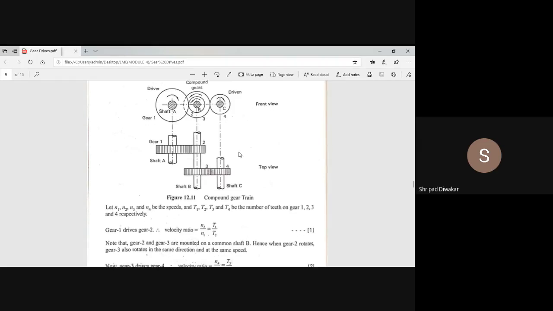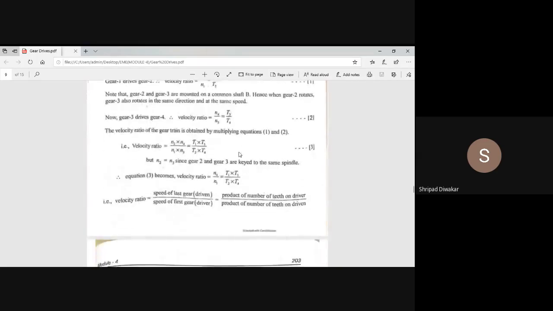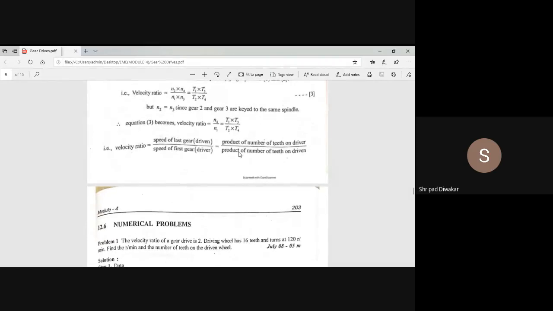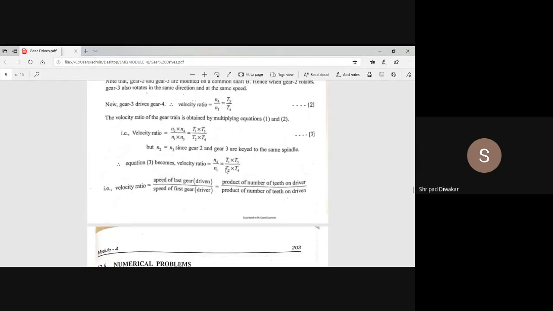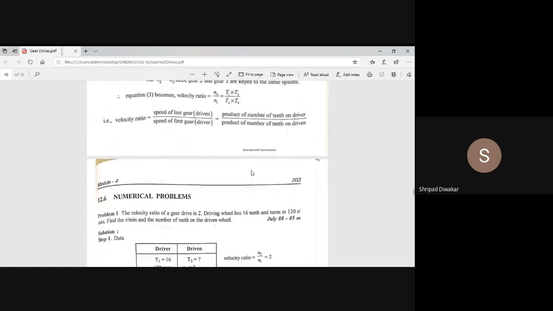So it is a product of T1 and T3 divided by T2 and T4. That is the number of teeth on gears 1 and 3 divided by the number of teeth on gears 2 and 4. Okay, this is how to find the velocity ratio.